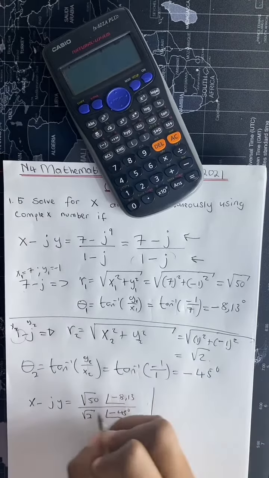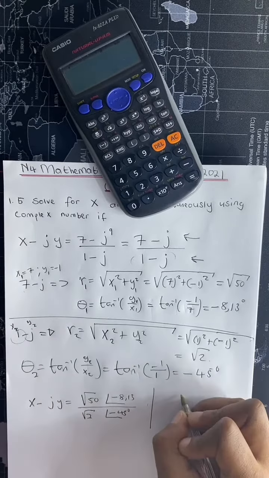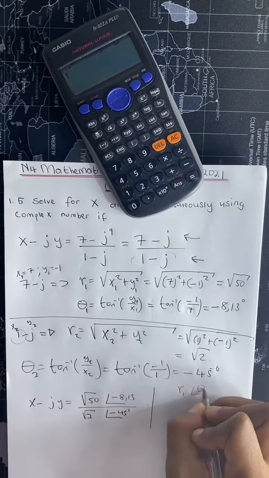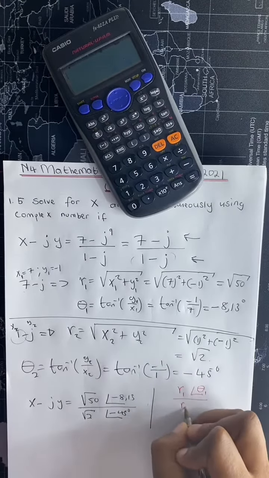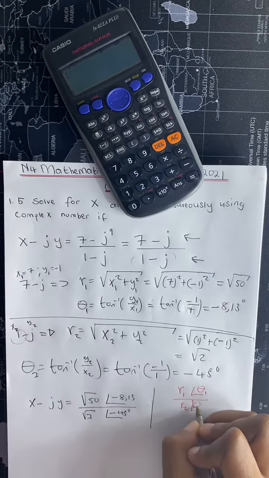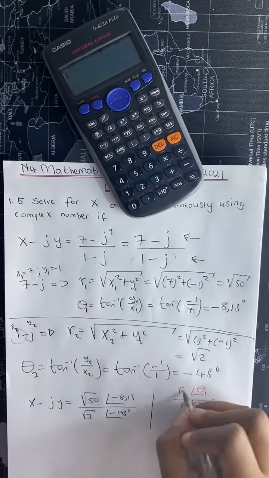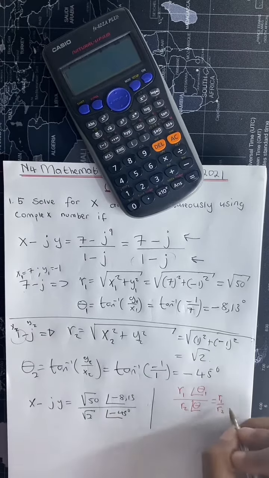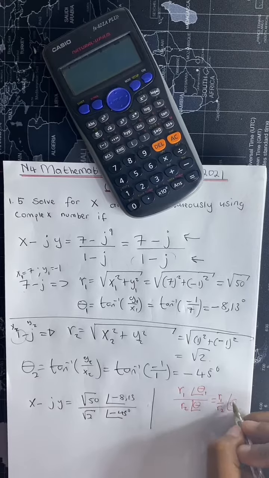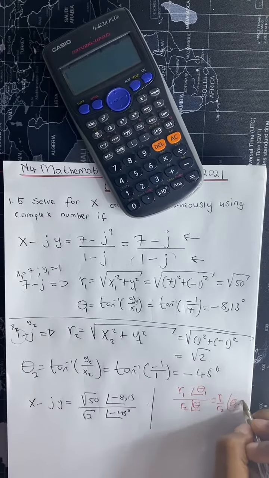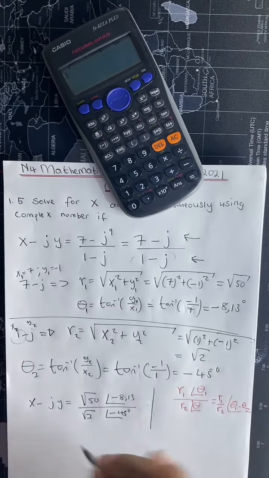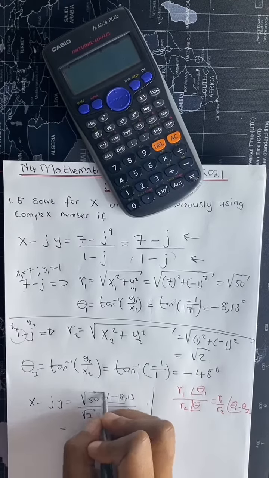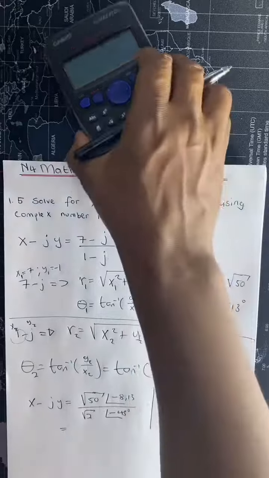So as far as the equation is involved, if we had r1 at angle theta 1 over r2 at angle theta 2, when we divide this, we can simply just divide the radiuses, but with the angles it is going to be theta 1 minus theta 2. So same story here. We simply just have to divide the square root of 50 by the square root of 2.